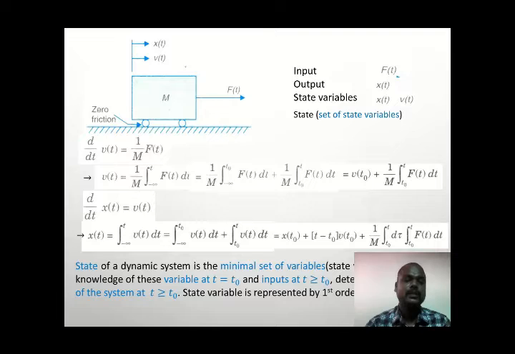If we can correctly acquire the knowledge of the states at t equals t0, then we can predict the system behavior for all time t greater than t0. Generally, the state space representation is obtained with the help of first order differential equations.